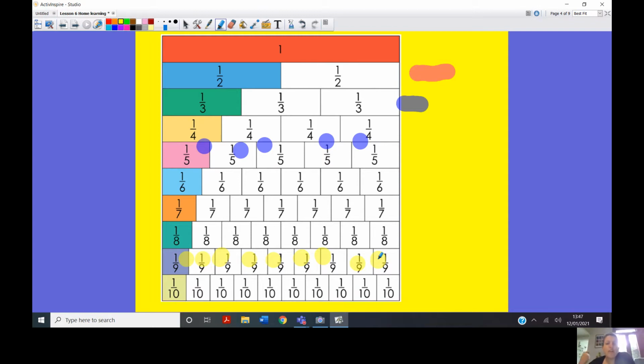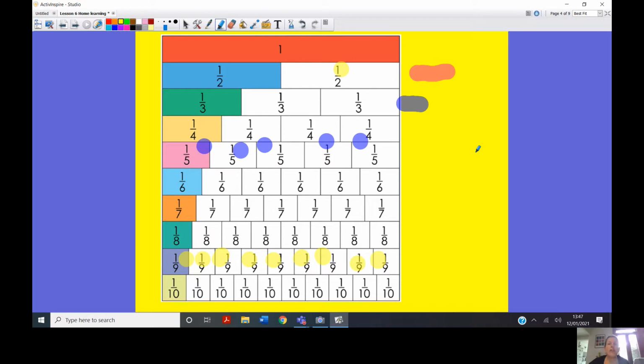So there's a rule with comparing unit fractions. A unit fraction is where my denominator is a number and my numerator is always 1. So with a unit fraction, the larger your denominator, the smaller the fraction is going to be.